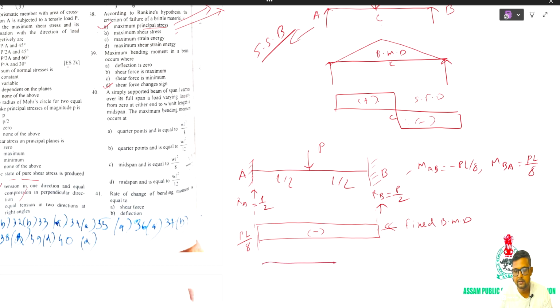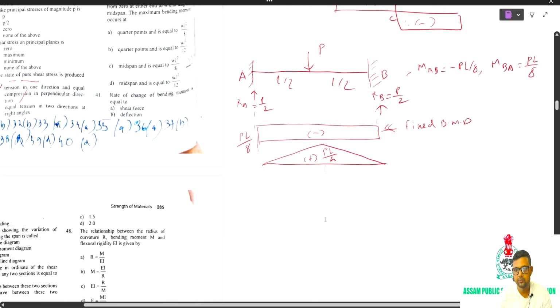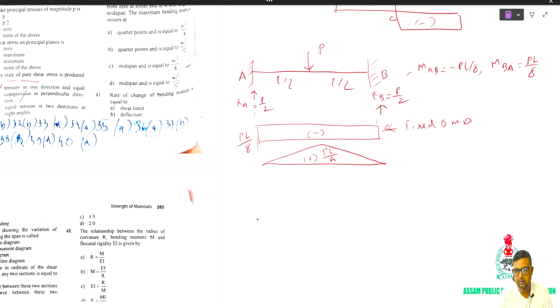And this is the simply supported BMD. What is the value here? P by 2 into L by 2 equal to PL by 4. Now, if you do superposition of these two, what will happen?